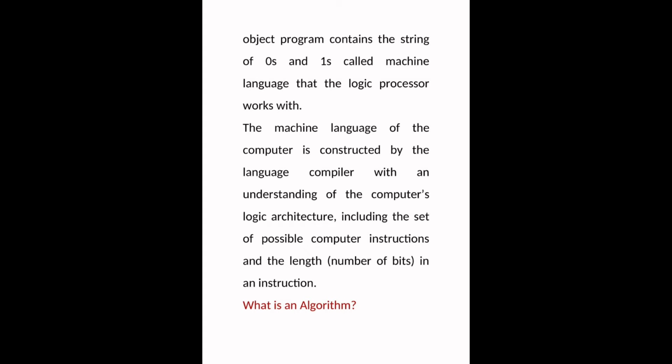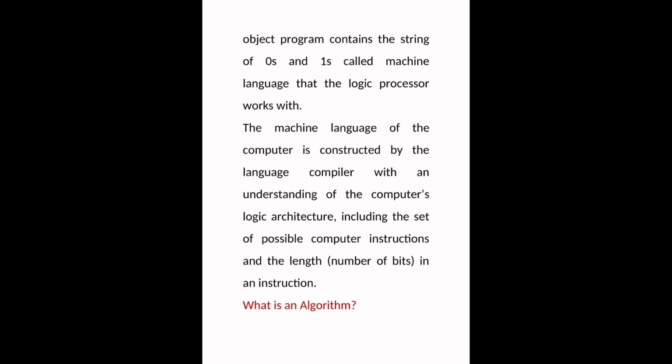The machine language of the computer is constructed by the language compiler with an understanding of the computer's logic architecture, including the set of possible computer instructions and the length of an instruction. There are many kinds of compilers.